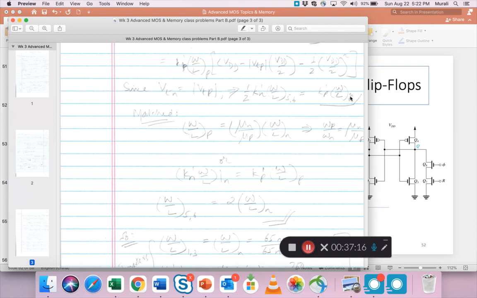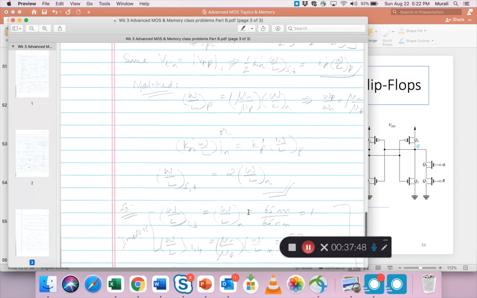Remember, L's are the same in this formula here, so take out the L's, and you know the W P by Wn ratio is mu P by mu N. If you put all that together, you will end up with W by L 5 by 6 equals twice W by L N. So this is what we were asked to prove, and that's what we have proven.